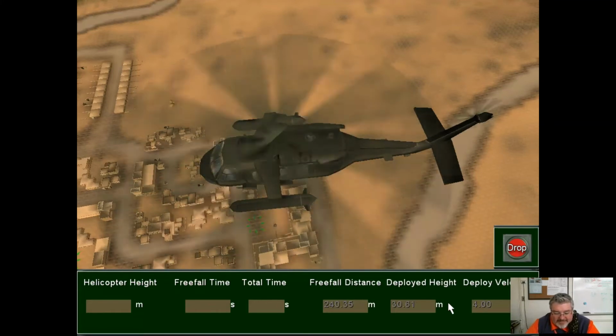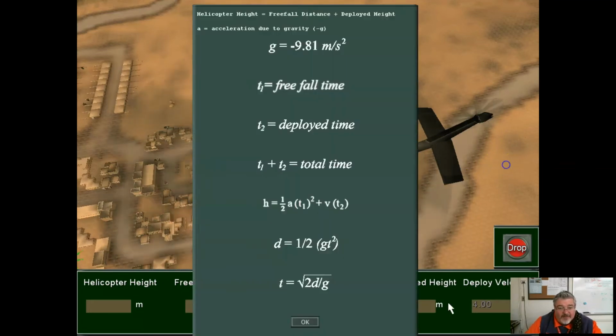So free fall distance. If we look at our formulas again, the distance of free fall is this one here. So D equals 1/2 times G times T squared. So that's the formula I need to find distance of free fall. So D equals 1/2 GT squared.